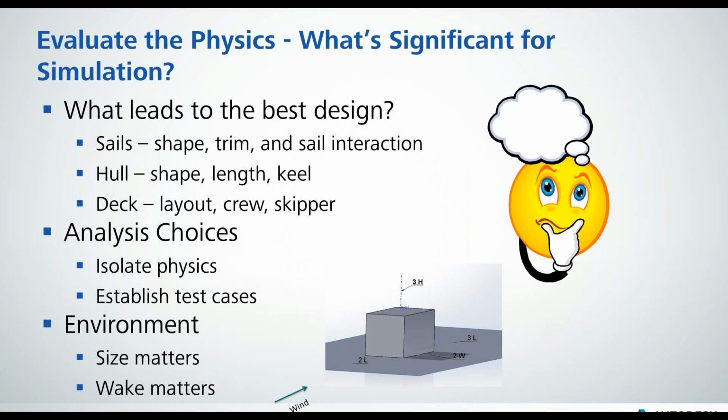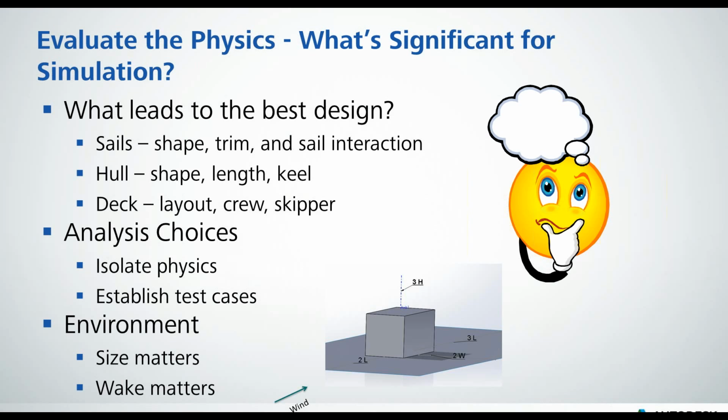Or we could even get into how the crew moves across the deck. What kind of layout? Does the crew stumble across each other as they're trying to manage the sails? If the skipper can't see where he's going because there's a blockage problem, you're not going to win the race. So there's many different ways to get the best design of your sailboat.